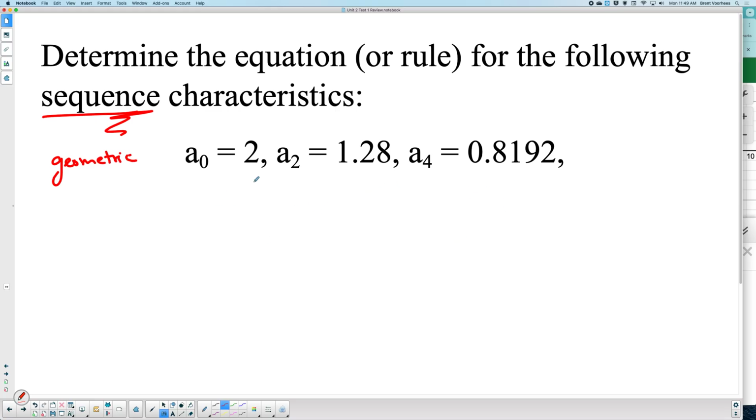Once again, since we don't know what we're multiplying by, and since these aren't back-to-back, I cannot discover what the ratio is because these numbers aren't back-to-back. What I'd have to do is use my formula. Gn equals gk times the ratio to the power of n minus k. So let's pick some points here. On this problem, what do you want to say gk is?